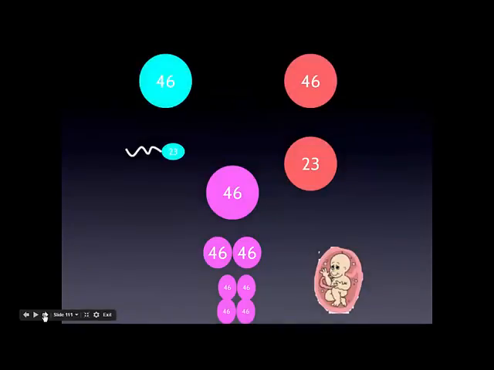So if we look at this sort of diagram, we have a cell from a man or woman, normal number of chromosomes, 46 is a normal number. Those are body cells. What are these cells? Sex cells. Gametes, we might call them.